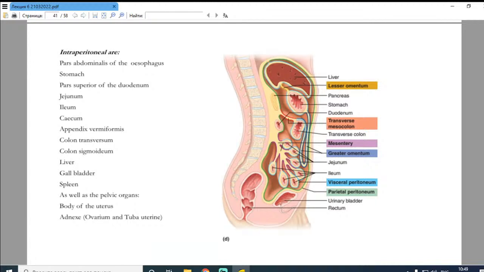This is the parietal peritoneum, the green color, and the visceral peritoneum, this is the blue color.